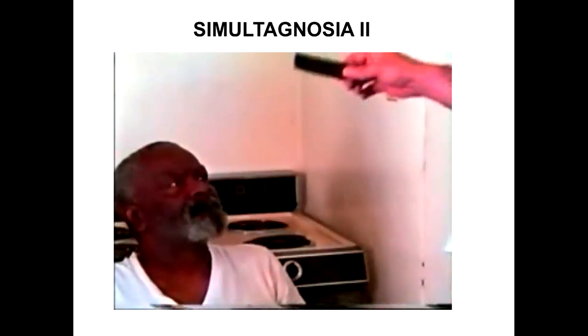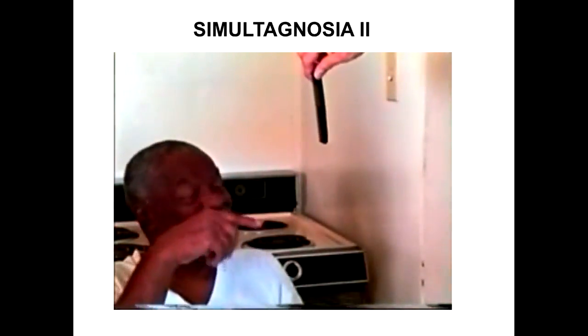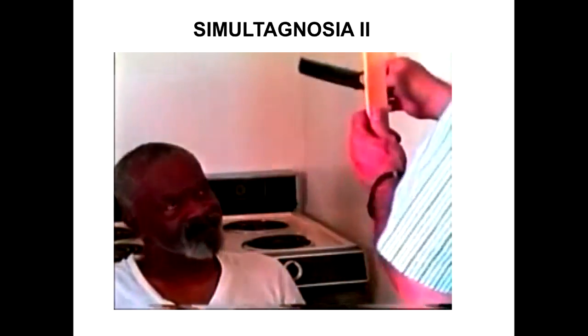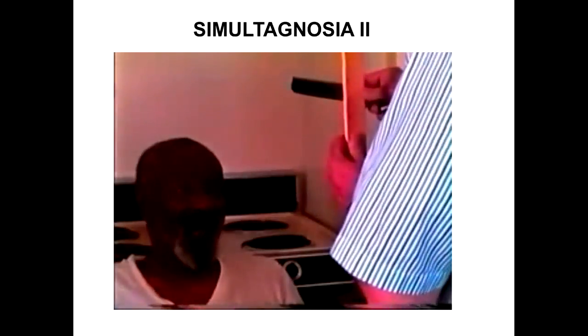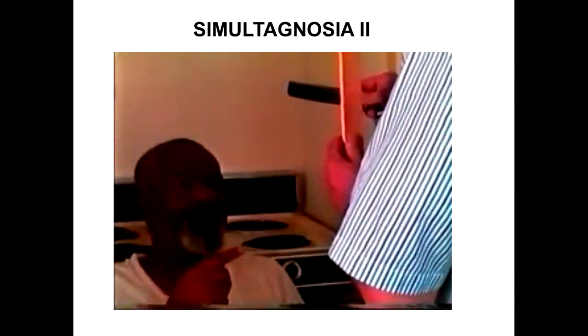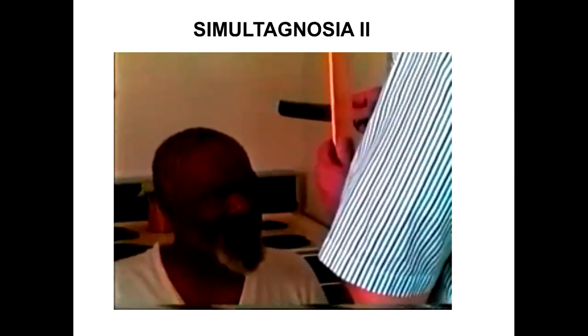How about now? The comb doesn't reappear. Comb reappears. How about now? What do you see? I see the comb and things, but just like I said, it reappeared again on me.